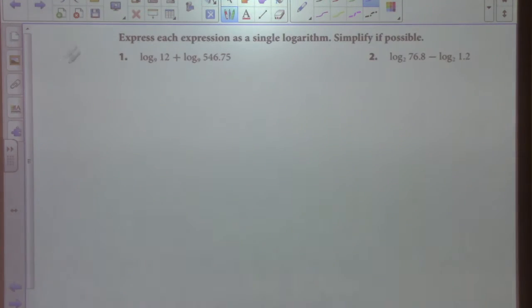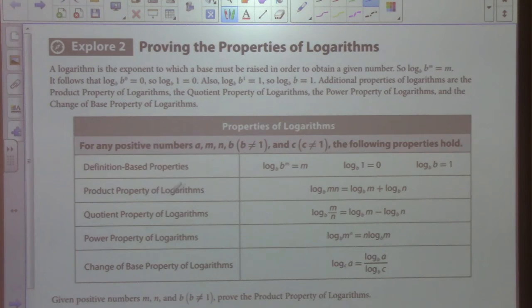So right now, we're going to do this one. You have the sum of 2 logarithms, and you can combine them by using this product property of logarithms. Do you see that? I had you take notes on that the other day. I'm writing that down as students. Yeah, and we're writing it down. So that's what they are.